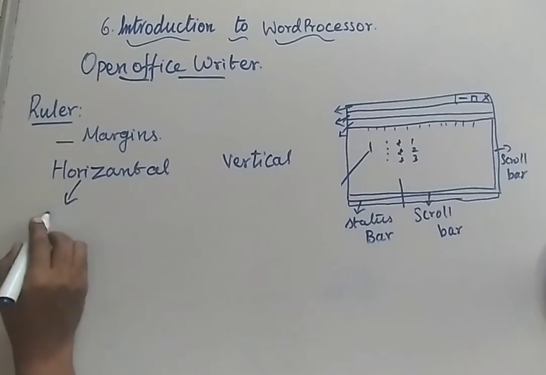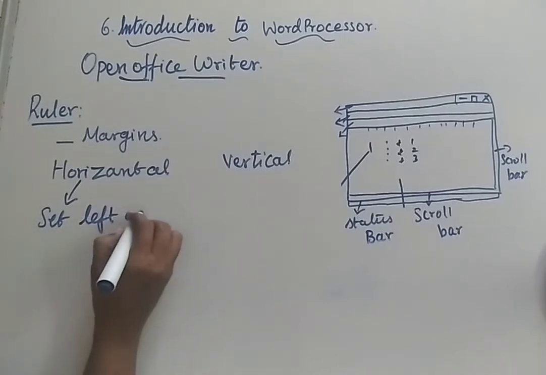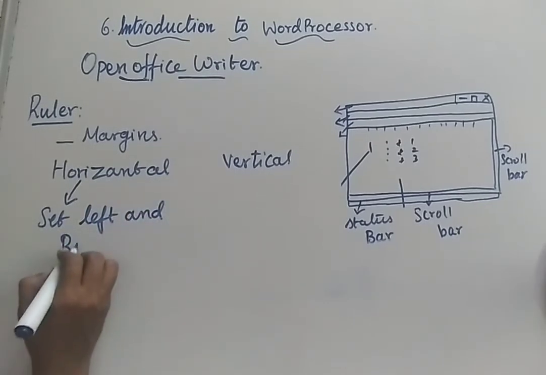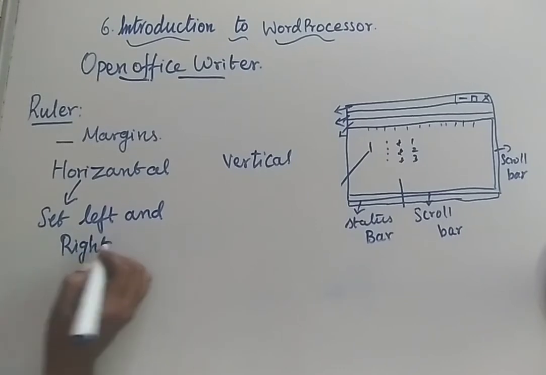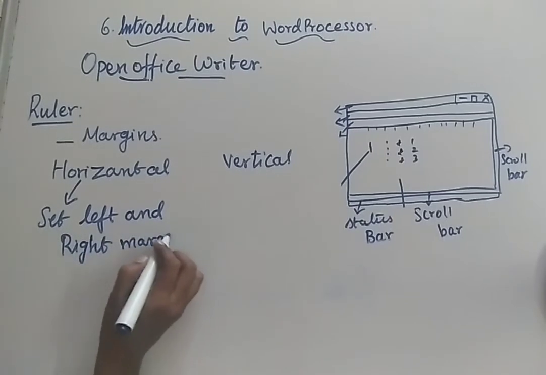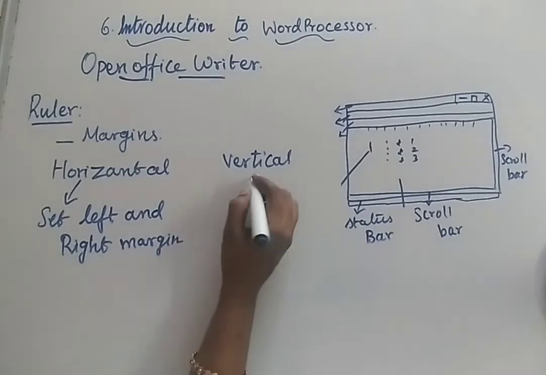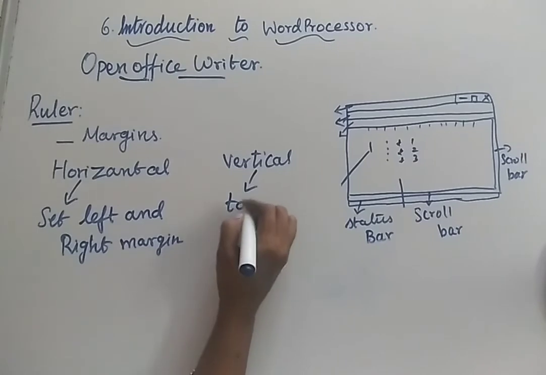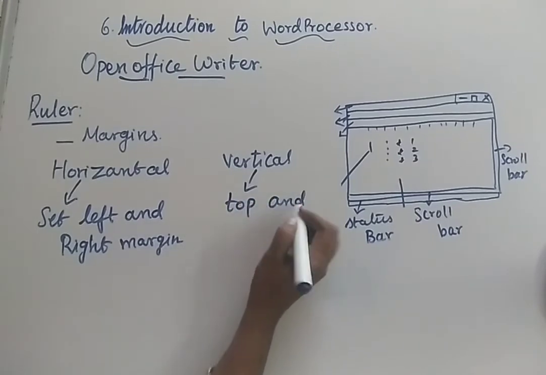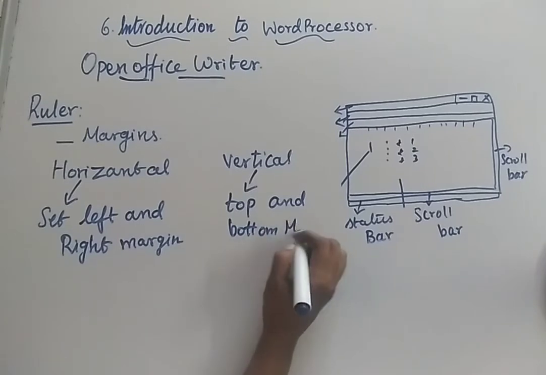By using the horizontal ruler, you can set the left and right margin. And what about the vertical ruler? Yes, it is used to set the top and bottom margin.